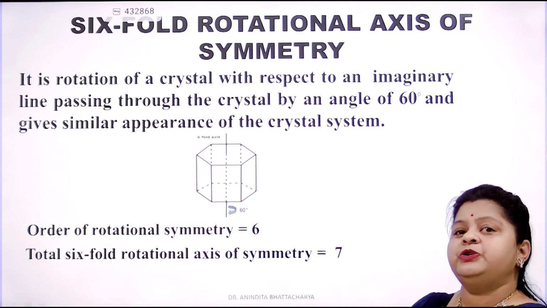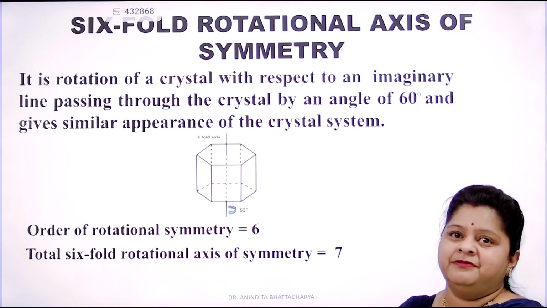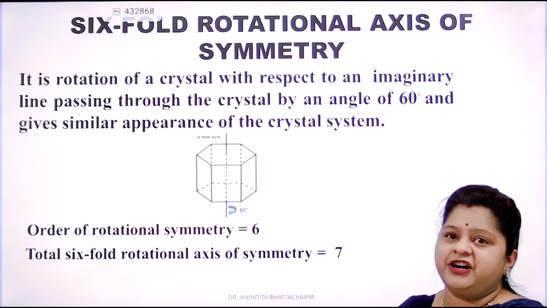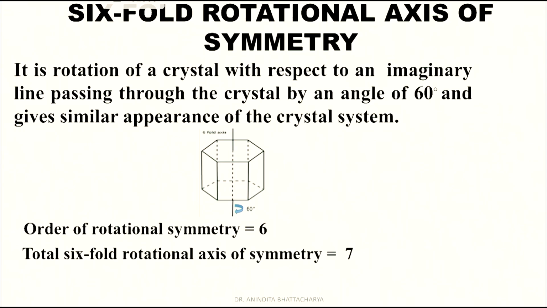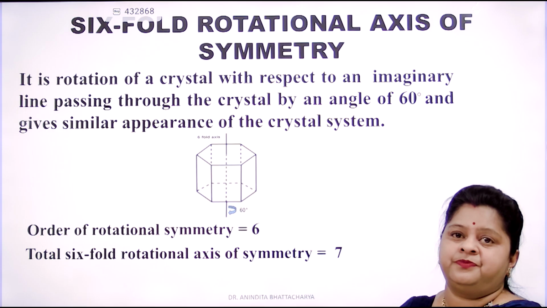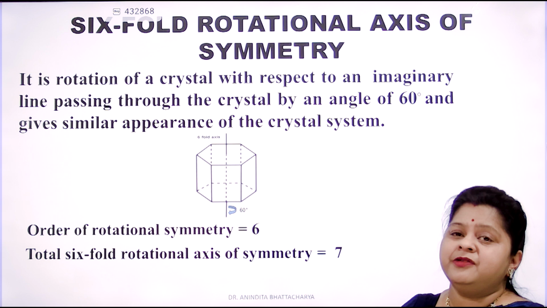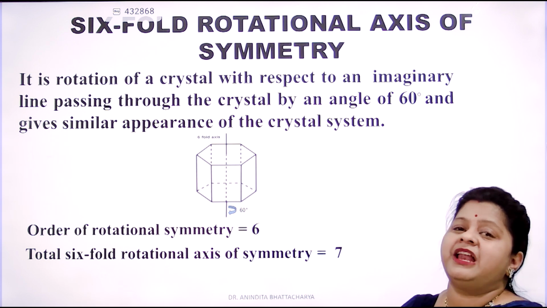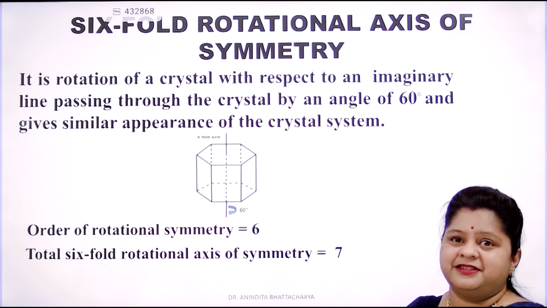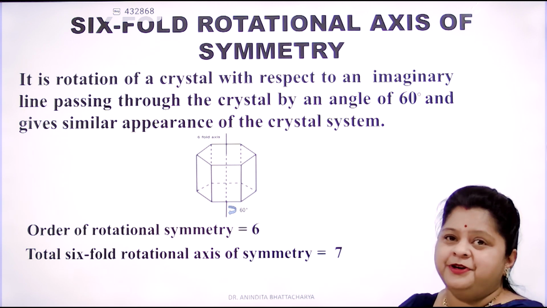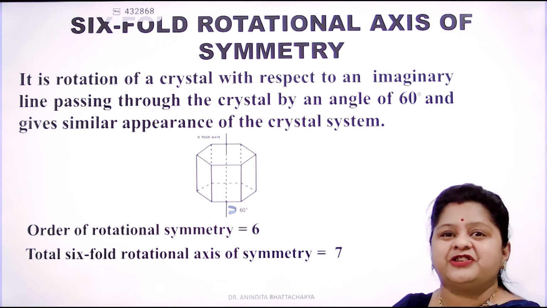Moving over to the 6-fold symmetry. It is generally in the hexagonal structure. It has to turn 6 times because the angle is 60 degrees. So, the order is 6. But how many total axes can we have? We will have 7 different rotational axes. So, I hope this clears how many rotational axes a particular structure will have.